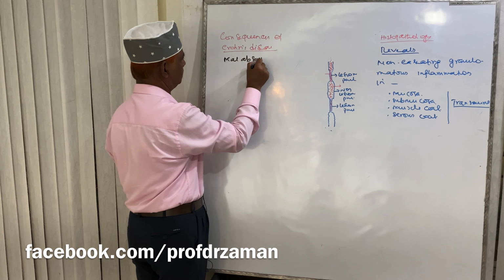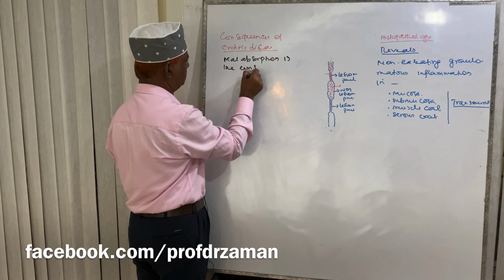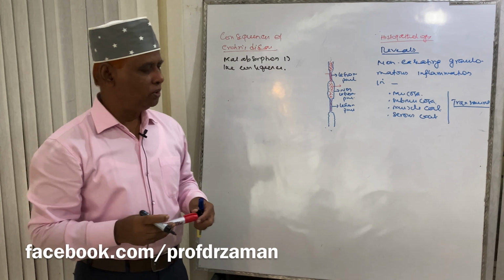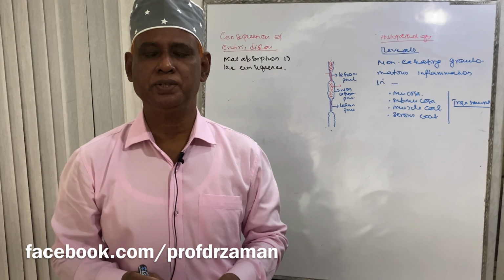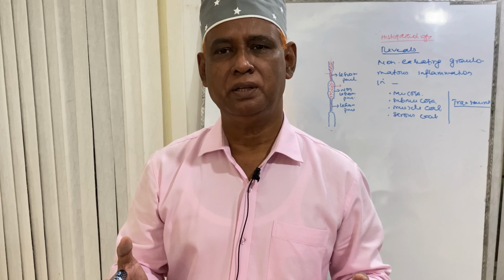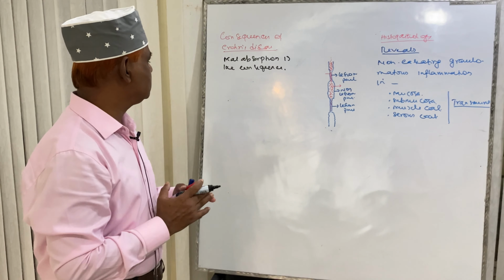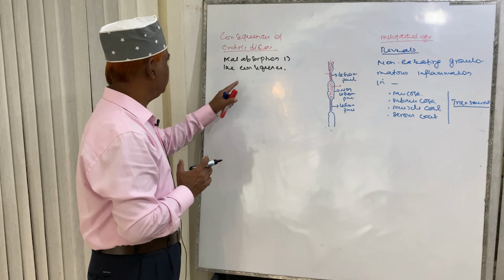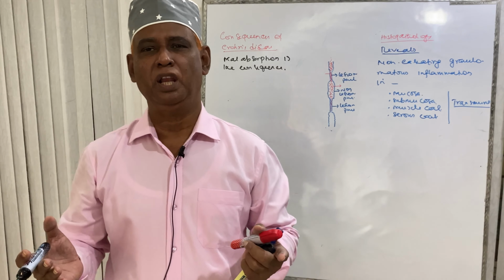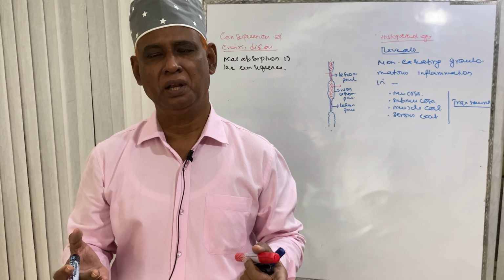You know, as in Crohn's disease there is ulceration in the mucosa, there is reduction of the absorptive surface of the mucosa. As there is reduction of absorptive surface, there will be malabsorption of fat, protein, carbohydrate, vitamin, water, minerals, etc.